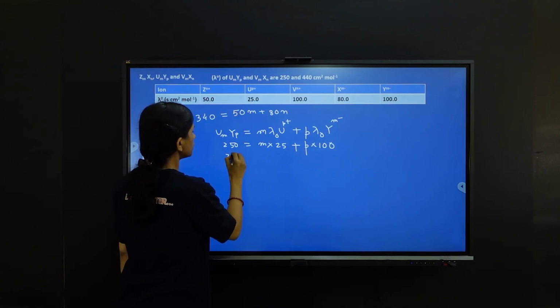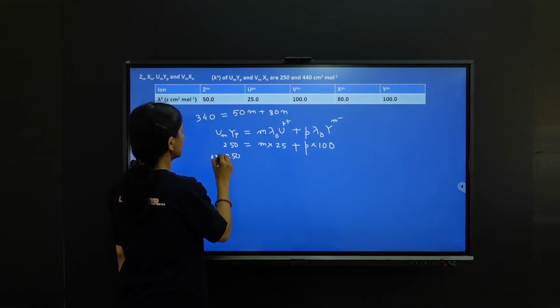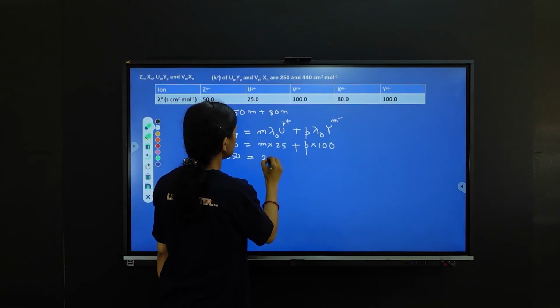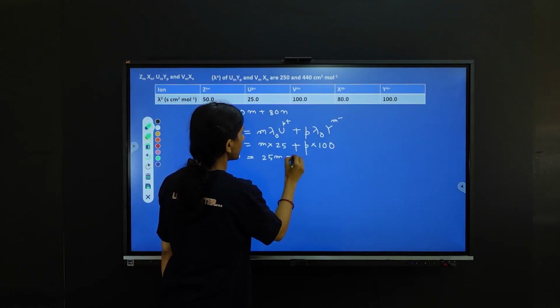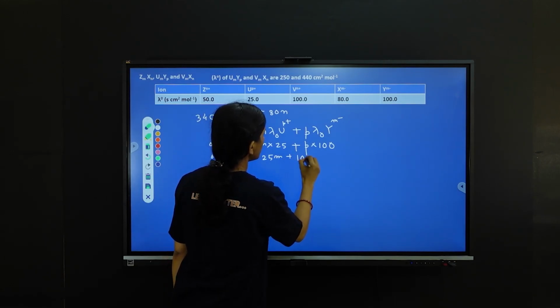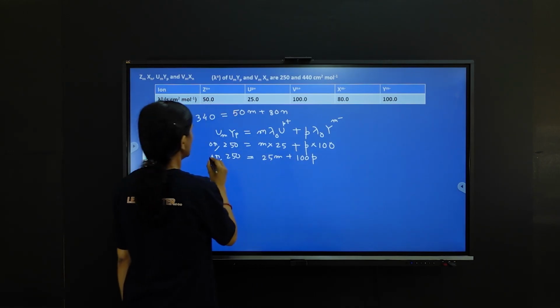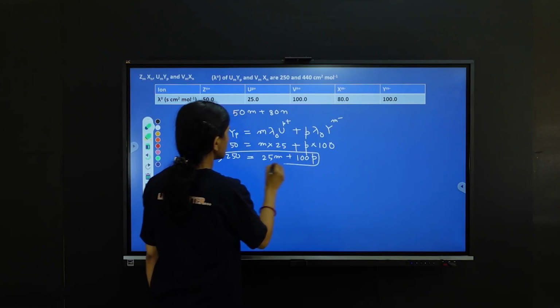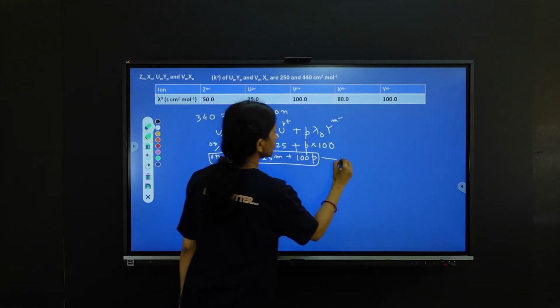So from here you will get 250 is equal to 25m plus 100p. Let's name this equation as equation 1.